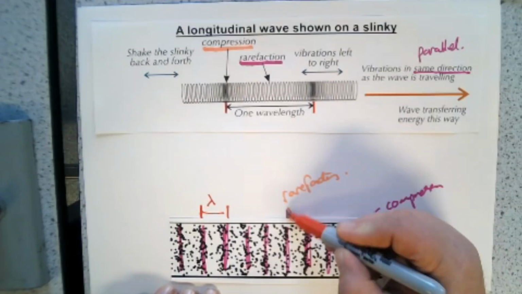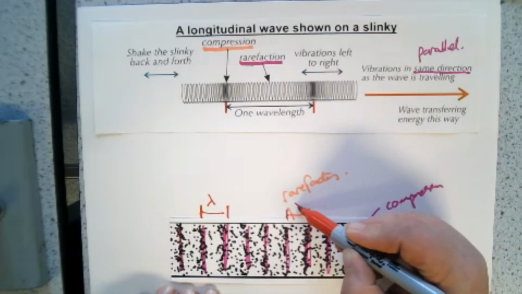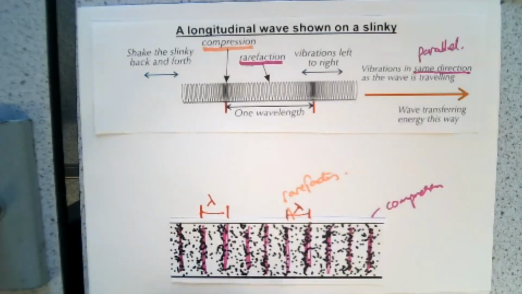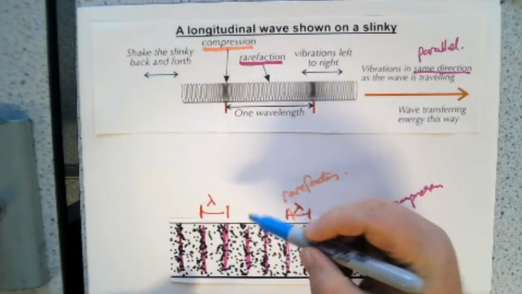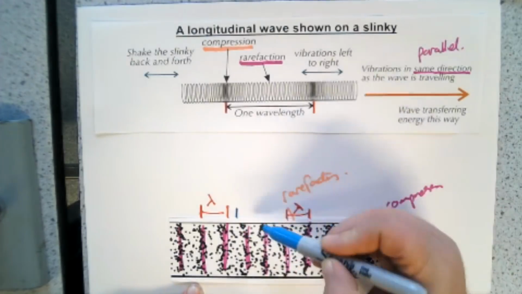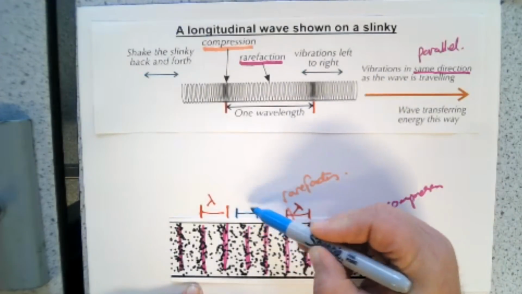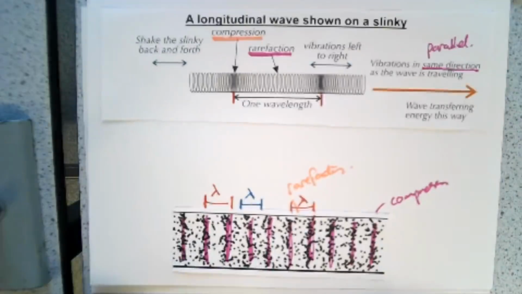I could go from here to here, that would be one wavelength. Now, it's always better to do the middle of a compression to the middle of a compression. If there aren't two compressions, but you've got a compression and then some rarefactions, okay, do the same thing, middle of one rarefaction to the middle of the next one wavelength, okay?